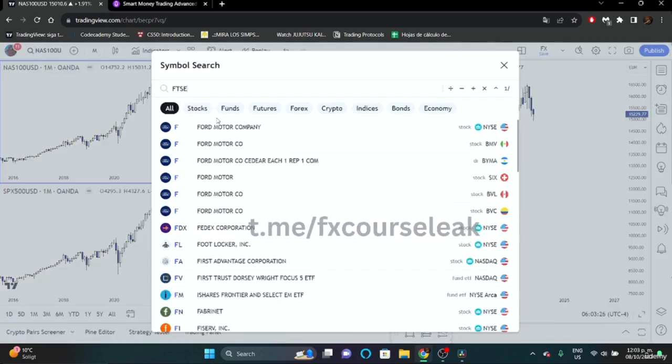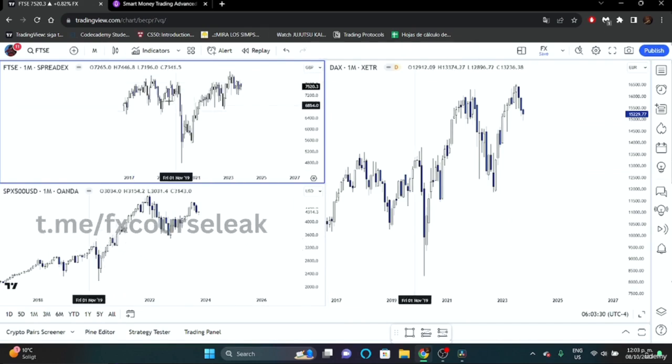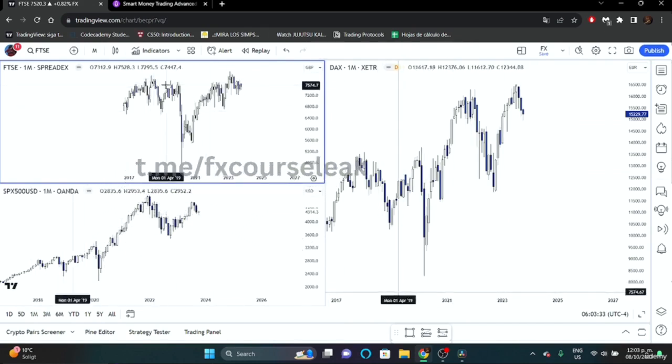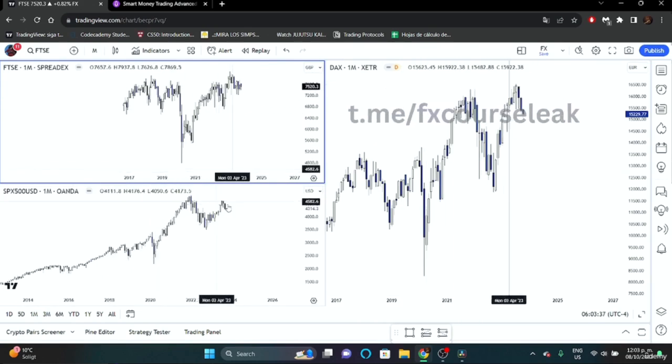Now let's go to the FTSE. FTSE is making a higher high as well, and the American indexes are not.